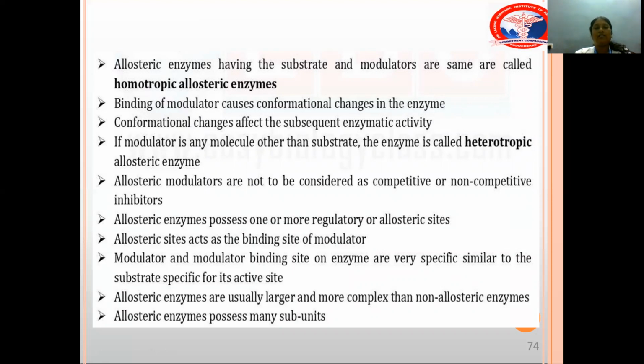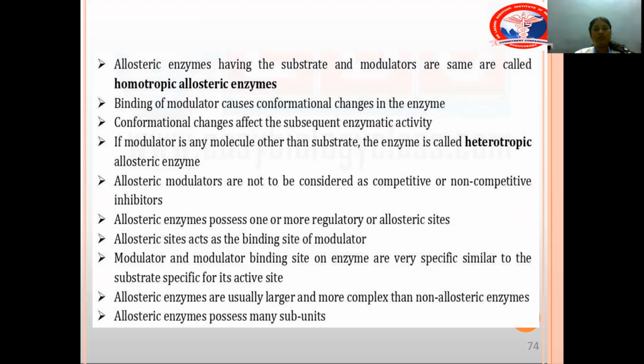Here the binding of the modulator induces a conformational change in the enzyme that affects the subsequent enzymatic activity. If the modulator is some other molecule other than the substrate, the enzyme under its regulation is called a heterotropic allosteric enzyme. Allosteric modulators are not competitive or non-competitive. They are a totally different entity compared to competitive or non-competitive inhibitors.